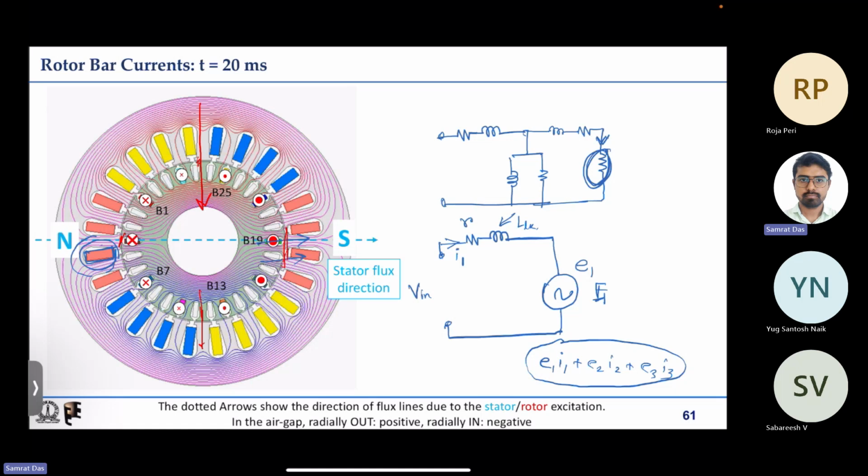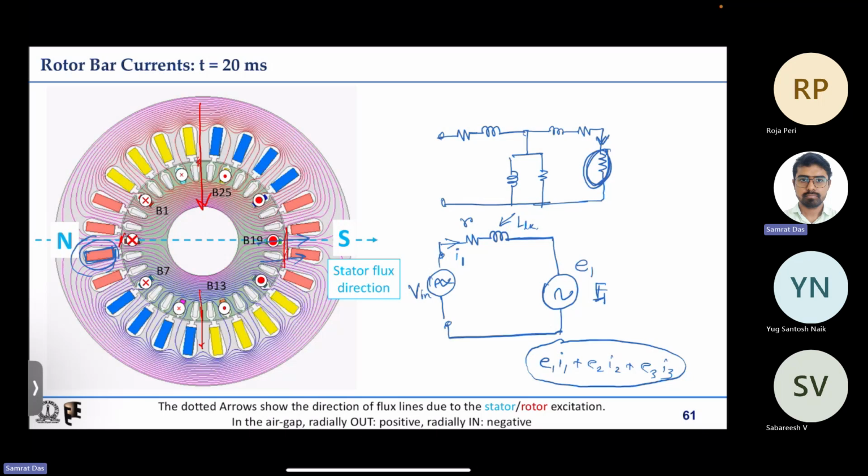It goes in the form of the induced EMF in the rotor, because we are not exciting the rotor with any active source. We are not connecting any three phase AC voltage source to the rotor. So if some current is flowing in the rotor, what is the source of that? That is the induced EMF.